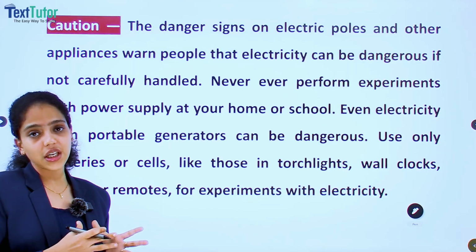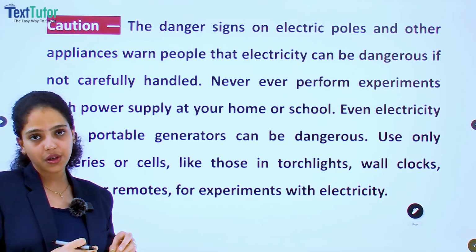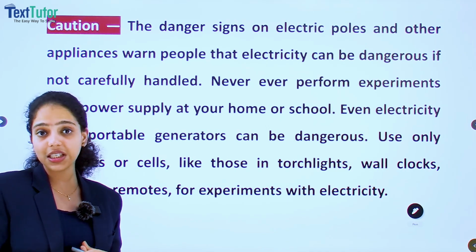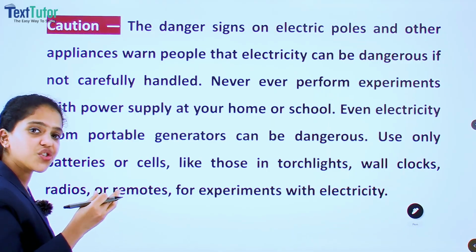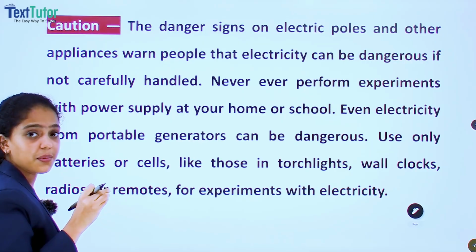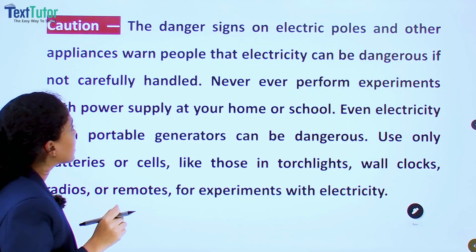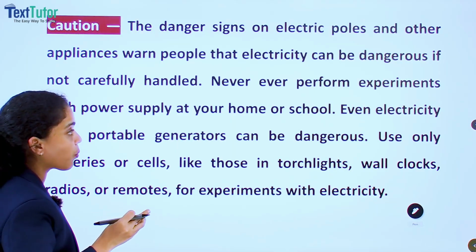If we see a danger sign on an electric plug or any source of electricity, we must be careful. So never ever perform experiments with the power supply at your home or school.